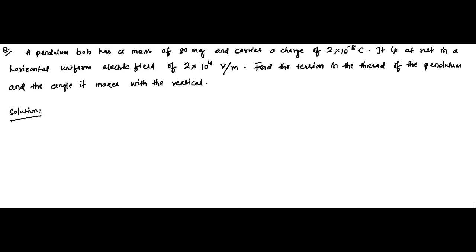Like I said in all the previous questions, the most important step is to read the question carefully, understand it, and convert it into an accurate, clean diagram. So we have been given a pendulum bob. First let us draw the axis, because that will be very important here.